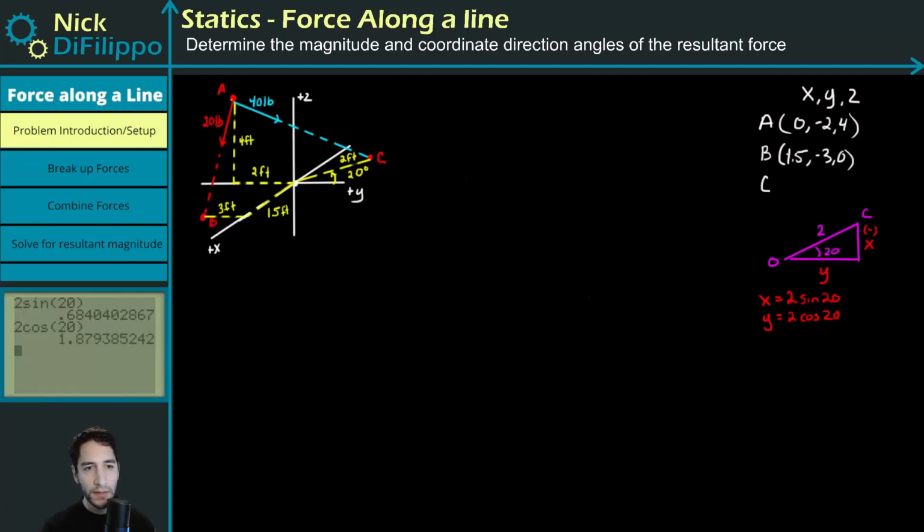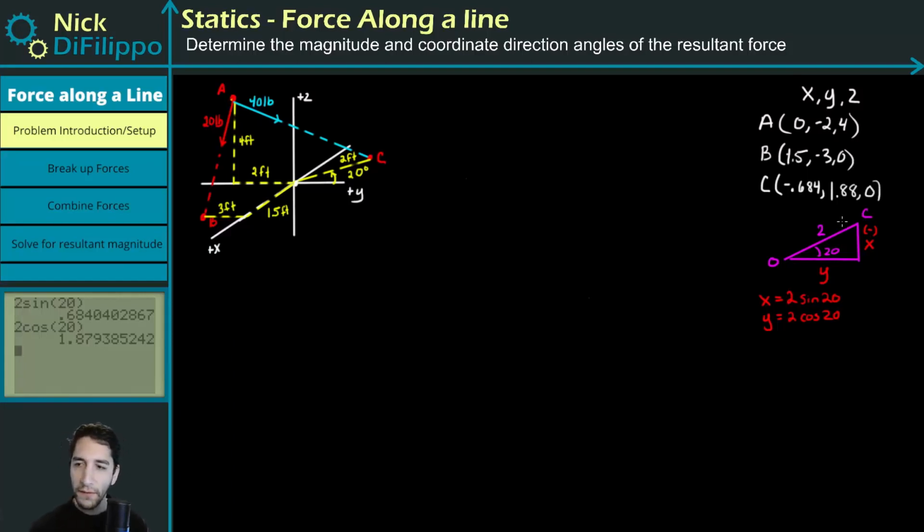So point C is going to go in the minus X direction 0.684, and in the Y direction 1.88. And how far do we have to go in the Z direction? We don't have to go anywhere in the Z direction. We're already there, so it's 0 in the Z direction.